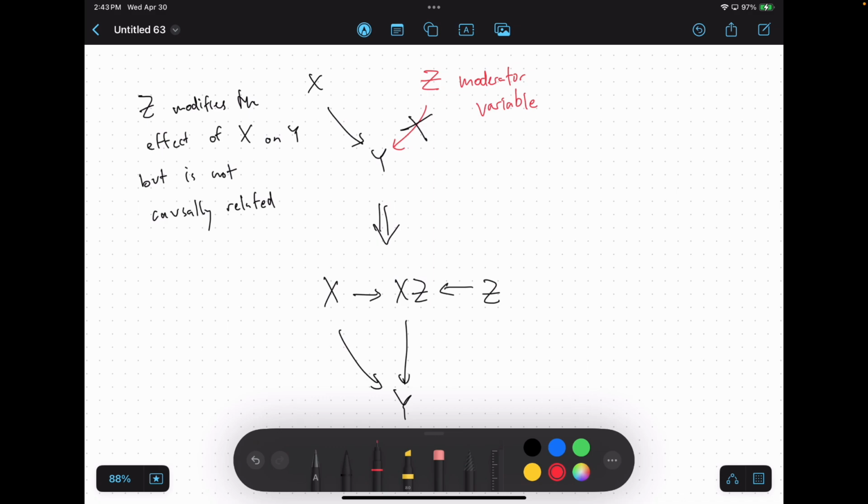The moderator variable itself can't be the thing that actually leads to causal outcomes. It has to interact with something essentially. So like somebody has a sweet tooth. If someone has a sweet tooth, they may still want ice cream more. I'm a little iffy on that one. Maybe a little bit better.